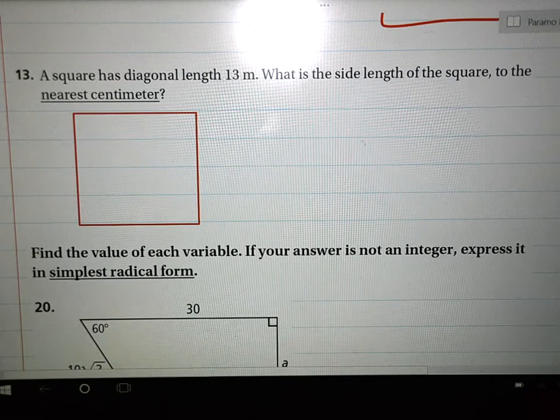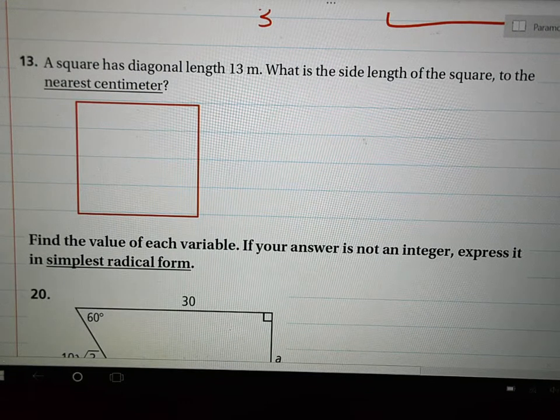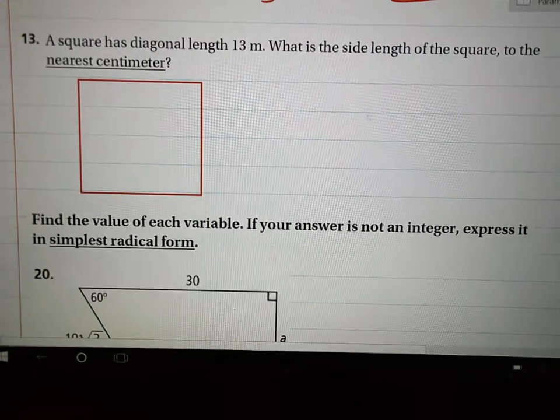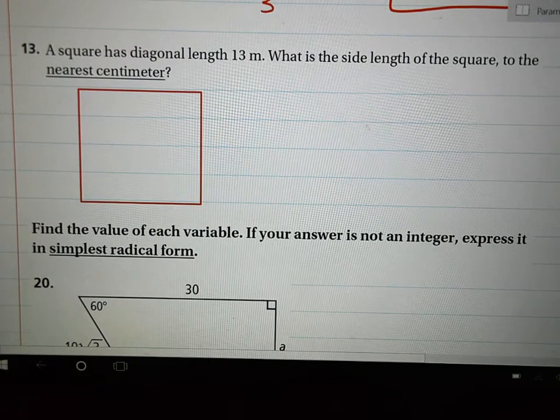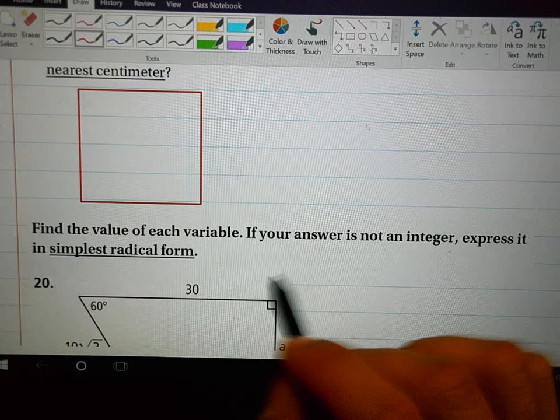Turn that off. Number 13. Example number 2. A square has a diagonal length of 13 meters. What is the length of the side of the square to the nearest centimeter? So I have a square drawn for you.